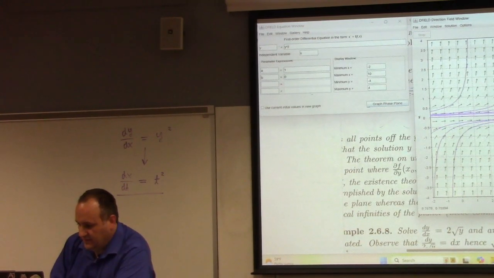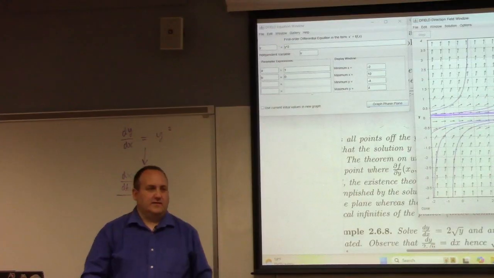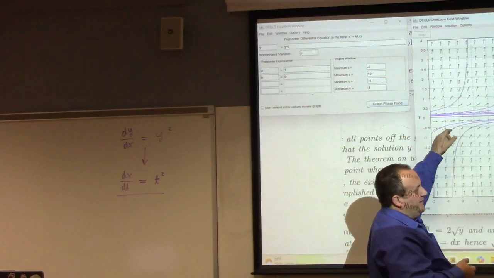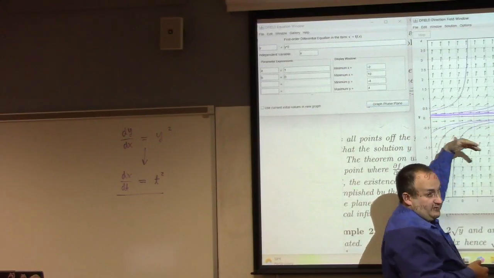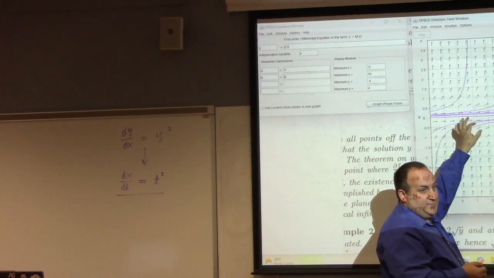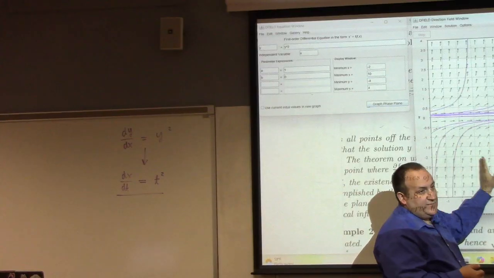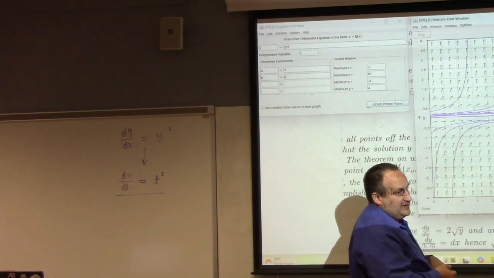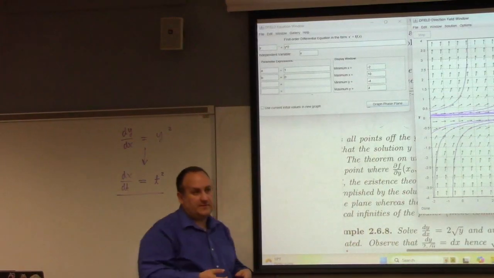I think there is a unique solution through every point. If I take any point on the x-axis, y equals 0 is the only solution that goes through that point. At any other point in the plane, there's just one of this family of curves which goes through it. So this differential equation actually has a unique solution through each point in the plane.